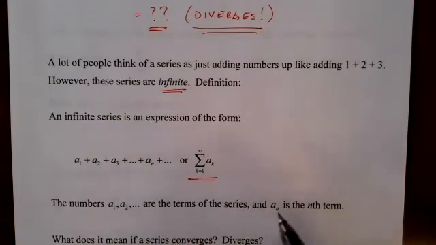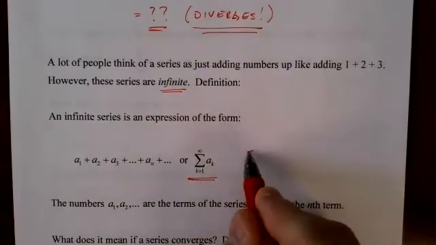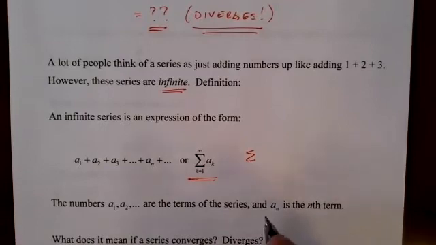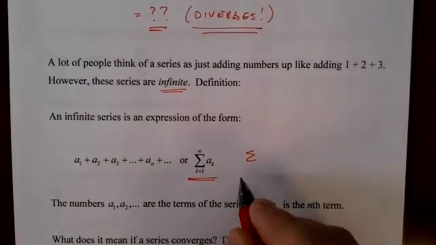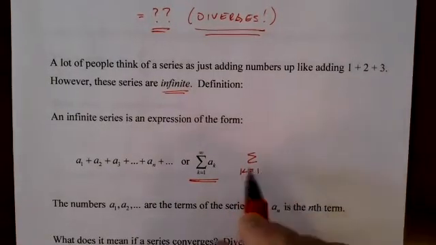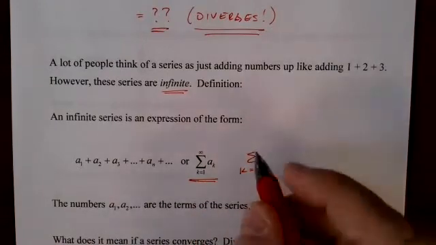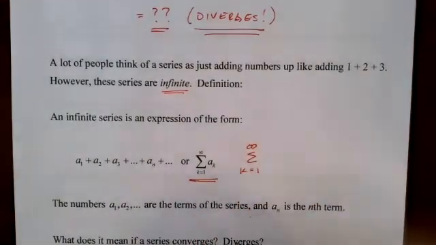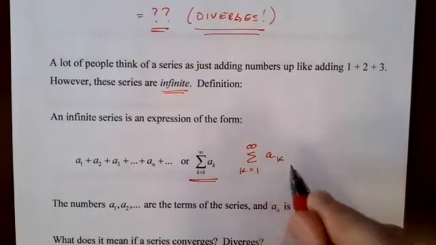So here's our notation. This is a summation, and then we'll have anything down here. In this case, we've gone with k. We'll see n a lot of times here. 1 to infinity of each term.